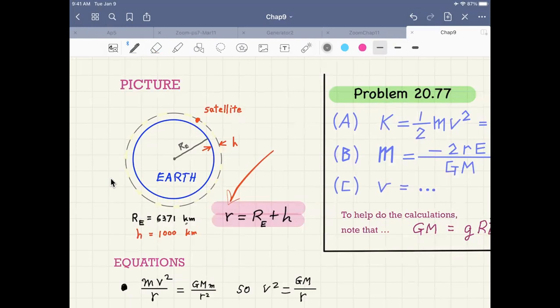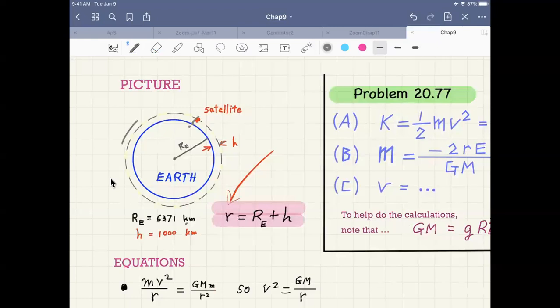Here's the satellite, 1,000 kilometers above the surface of the Earth. So let's call h the distance above the surface of the Earth, 1,000 kilometers. So, here's the Earth, its radius is 6,400. Add another 1,000, that'll give you the radius of the satellite's orbit because it's in a circular orbit.